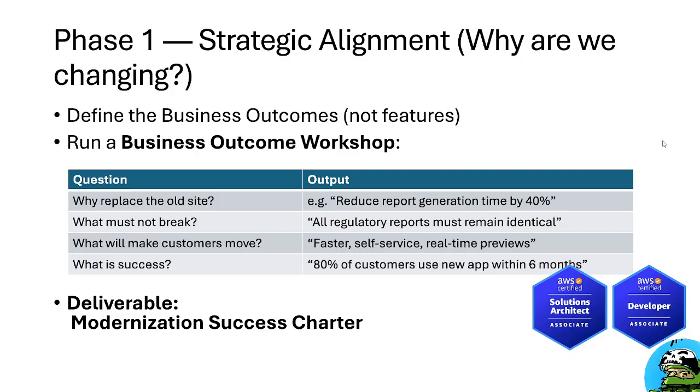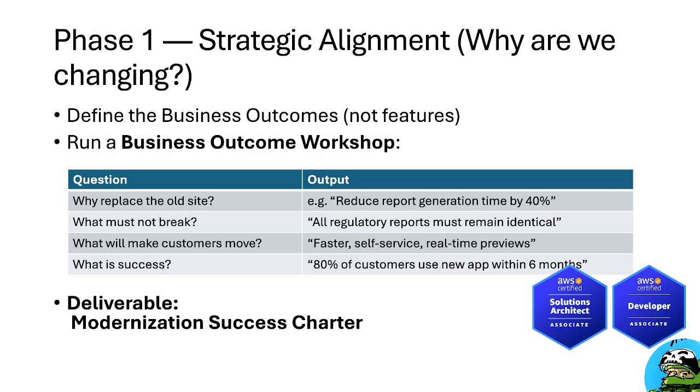Right, phase 1, strategic alignment. Why are we changing? So we're going to define the business outcomes and not features in this phase. So we are going to run a business outcome workshop. For example, there's a table here. We're going to ask the question, why replace the old website?